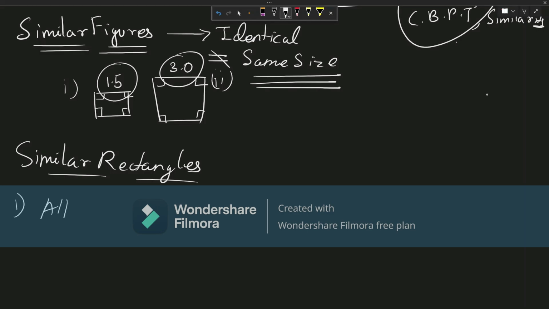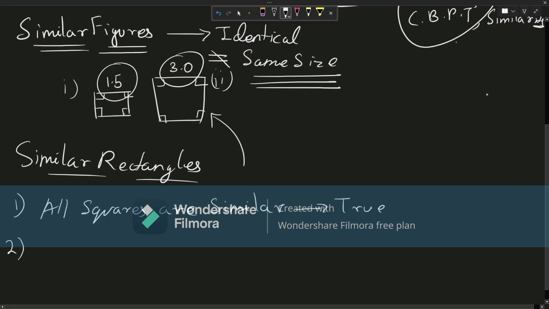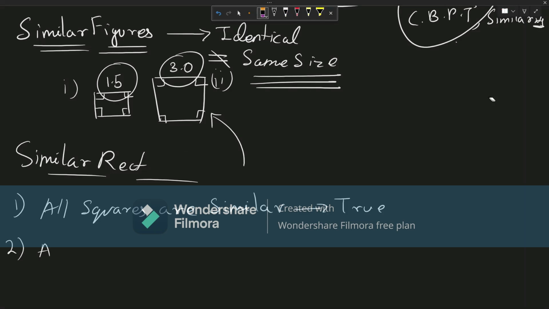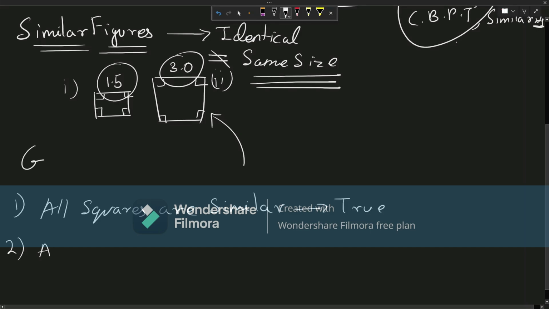All squares are similar. You agree with this statement? We have done this here as well. So this is a true statement. This will be true always. All circles. Okay, sorry. This topic won't come under similar rectangles. Sorry about that. These are some general statements.